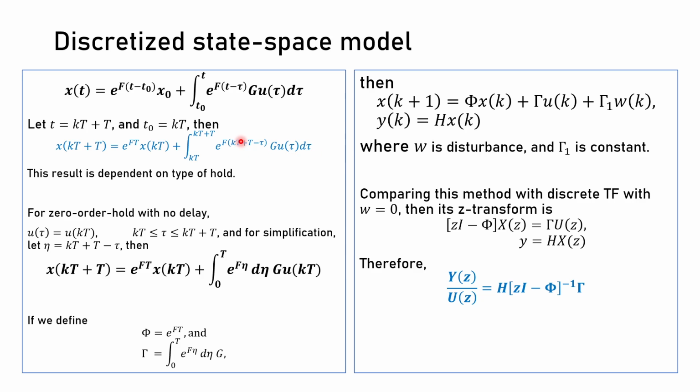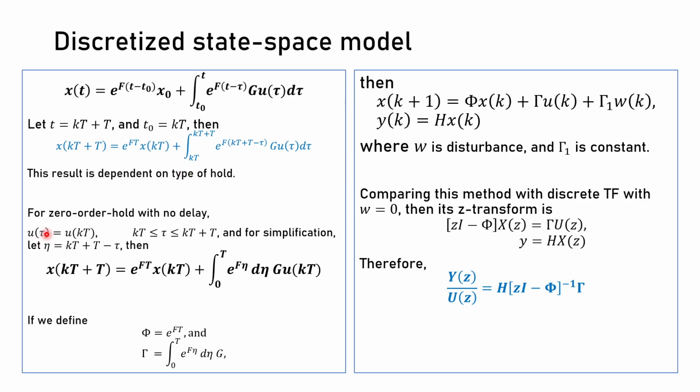The result of the integration depends on how you hold. If you use zero order hold, you get one integration result; if you use first order hold, you get a different one. Suppose we implement zero order hold, which is most of the case.